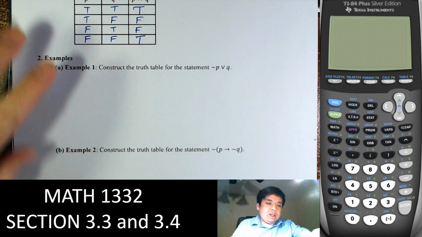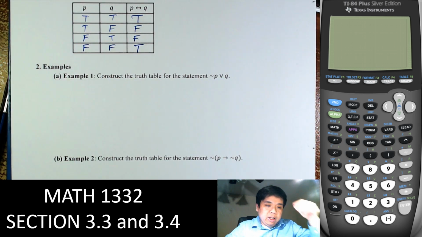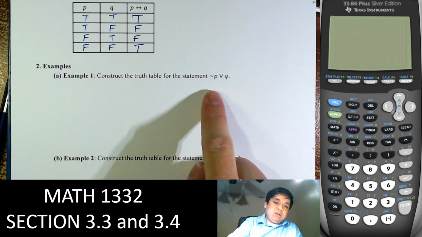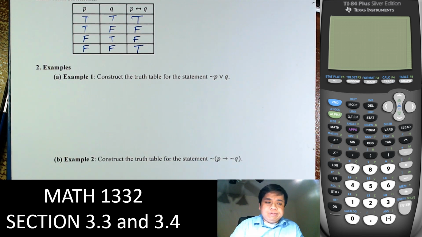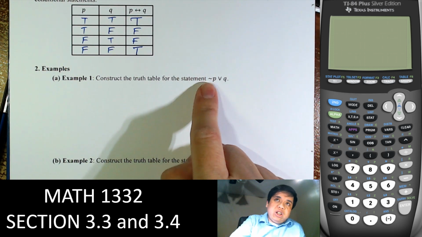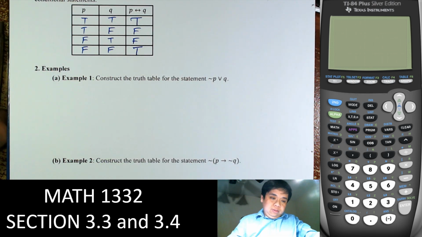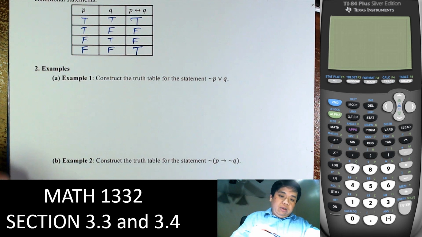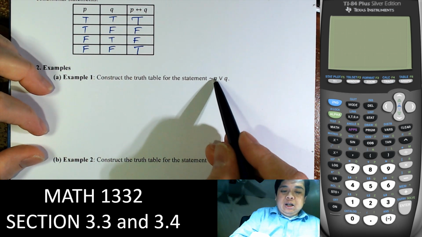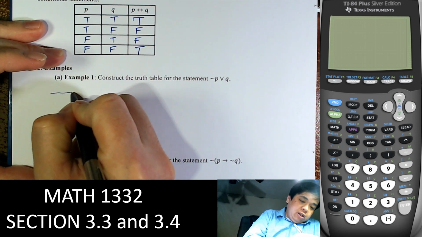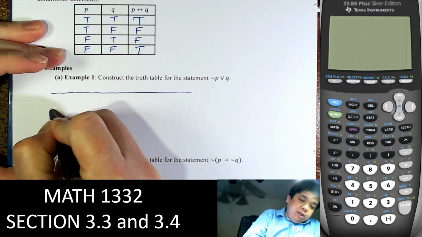Right. So let's look at the table here. Construct the truth table for this statement. We have P and Q, so there are two simple statements, and then we have the operations: the negation first, and then the or. Two operations, sorry. So we make this table here.